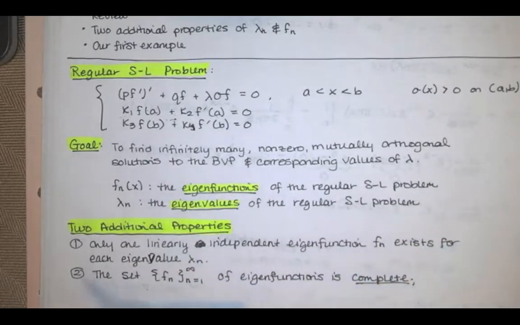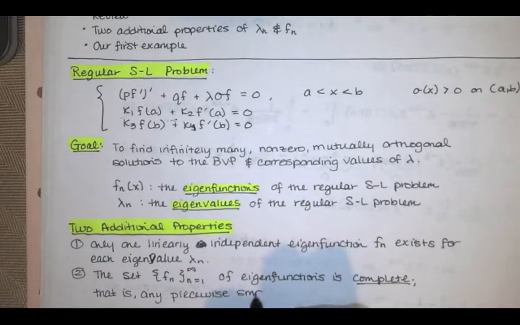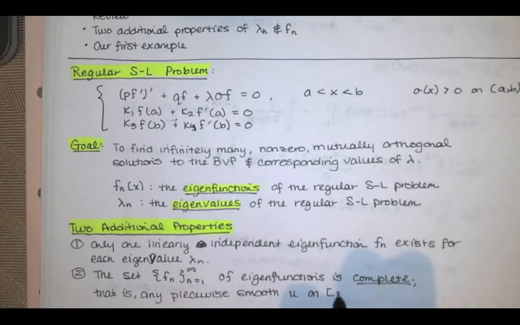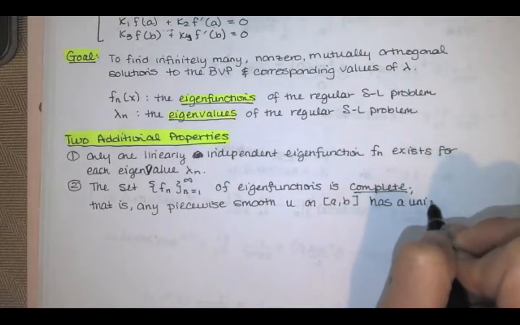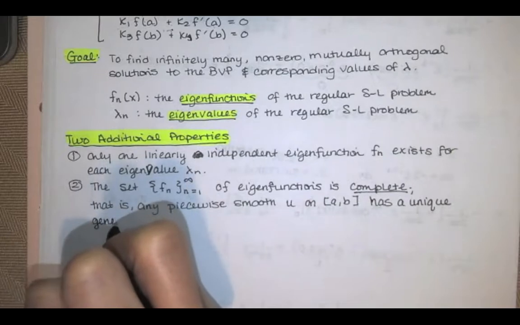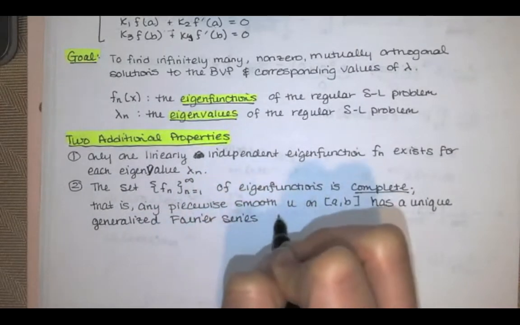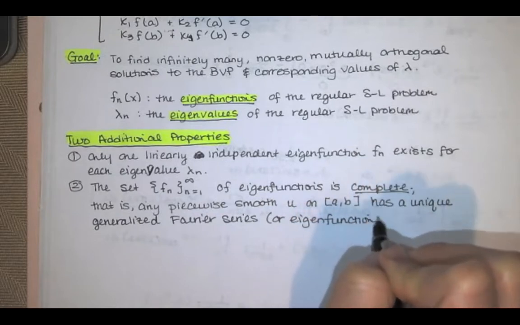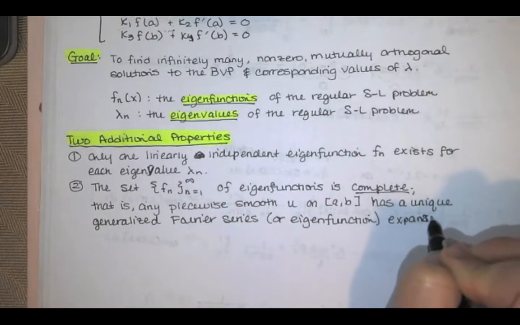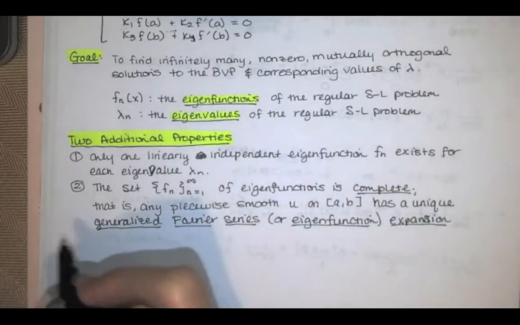What that means is that any piecewise smooth function u defined on the interval from a to b has a unique generalized Fourier series expansion, or sometimes it's called just an eigenfunction expansion, of the following form.